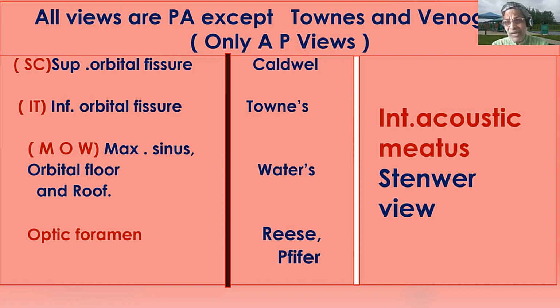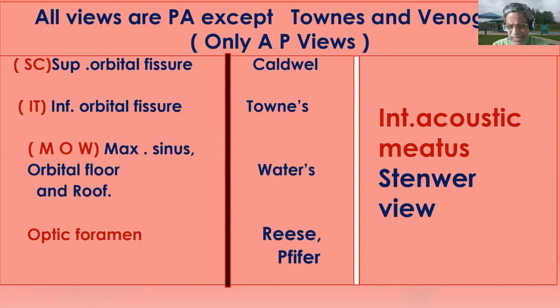Whereas Rees view is a lateral. The X-ray plate is slightly kept laterally. That's enough if you know this. No need to bother about all the degrees. Just know this: in Waters view, the X-ray plate will touch the chin and maybe slightly away from the nose, or even touch the nose. Doesn't matter. Caldwell view will touch the nose and the forehead.